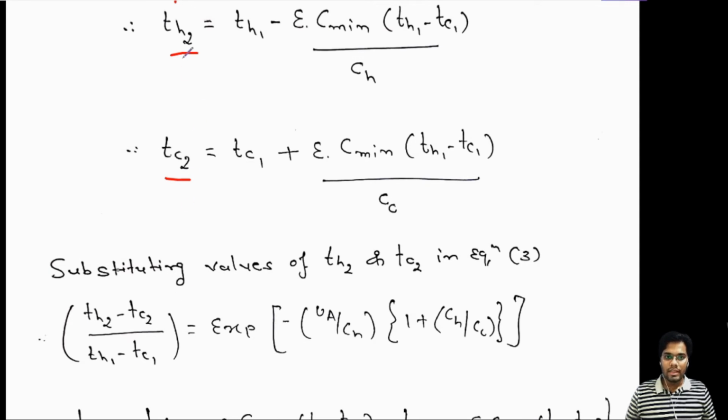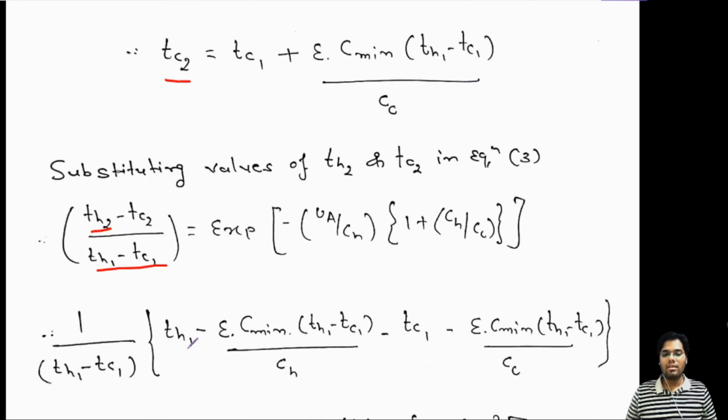Now instead of Th2 we have to write this whole term, and instead of Tc2 we have to write this whole term. So 1 upon (Th1 minus Tc1) will be out of the bracket. Instead of Th2 write this whole term, minus, instead of Tc2 write the value of Tc2 from here.